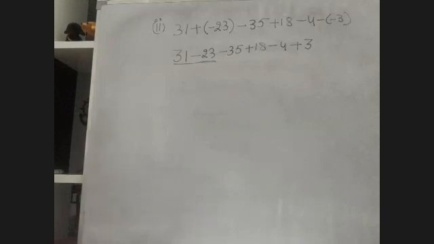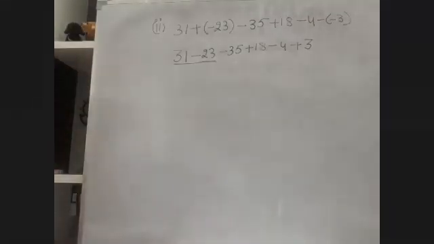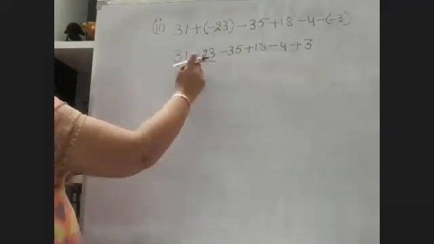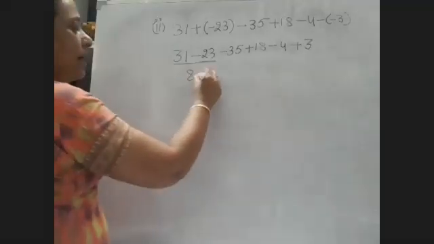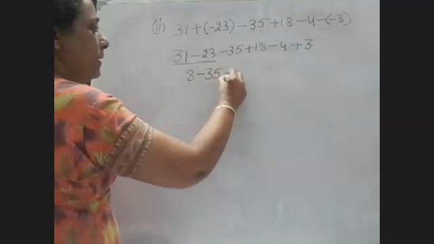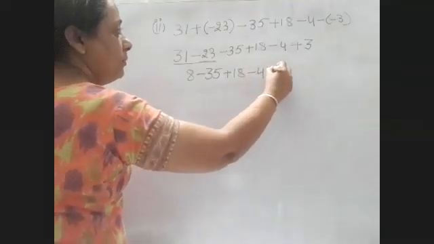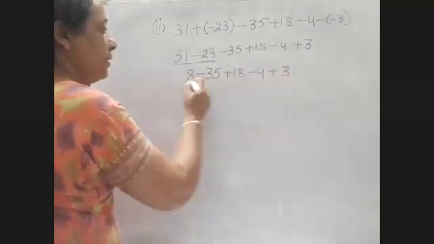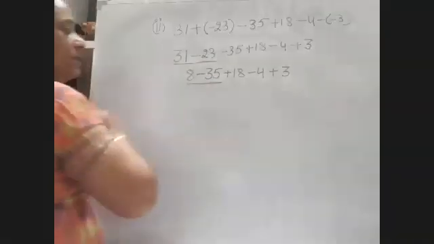Yes, students, 31 minus 23 is 8. Then 8 minus 35 plus 18 minus 4 plus 3. Now in the next step, 8 minus 35.